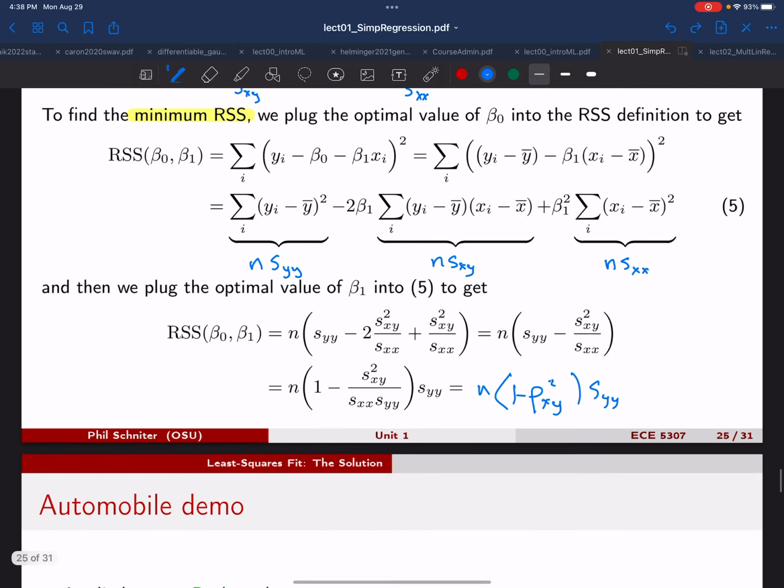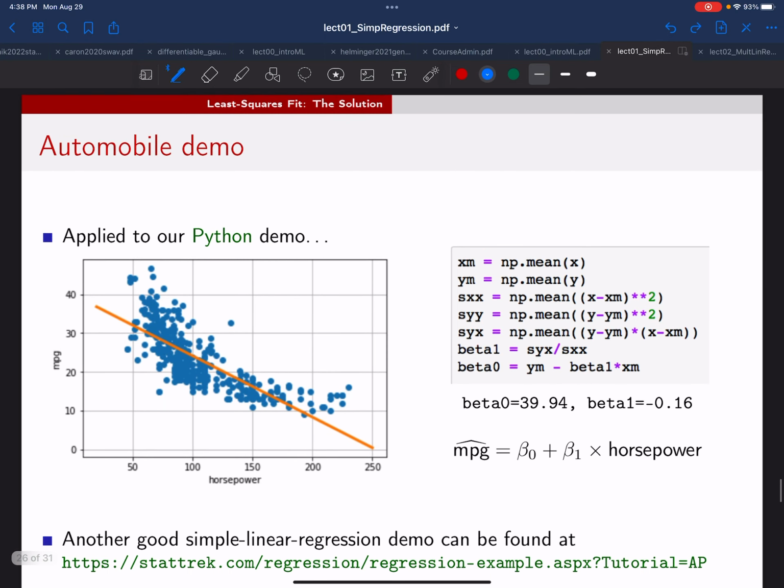Okay, so let's move on back to the demo, interpreting this. So here we computed the mean of x, the mean of y. We computed the variance of x and the variance of y, as well as the covariance. And a student actually asked after class the other day, why are we not using np.var to do this?